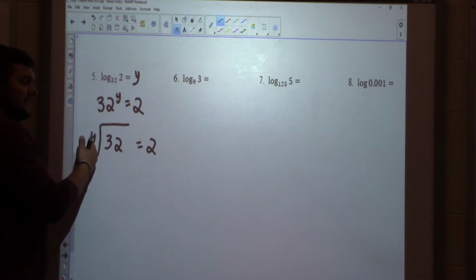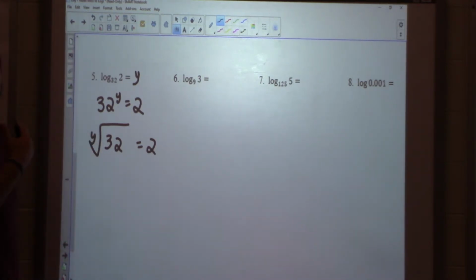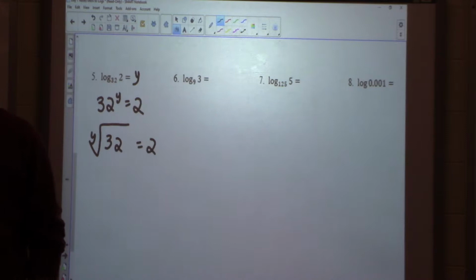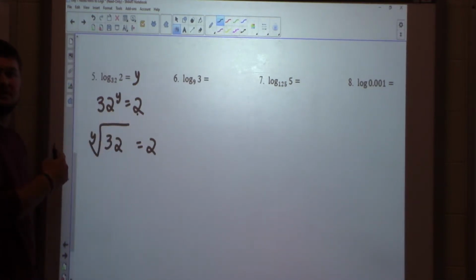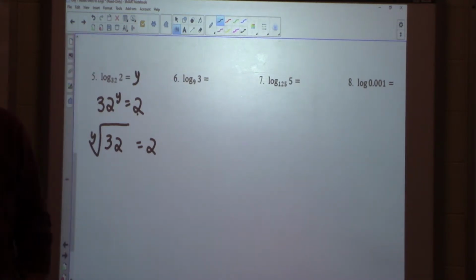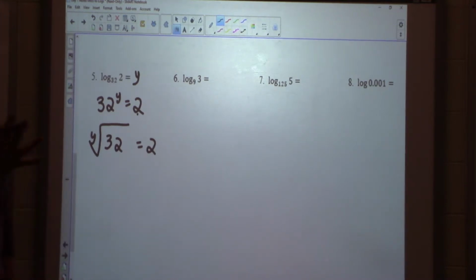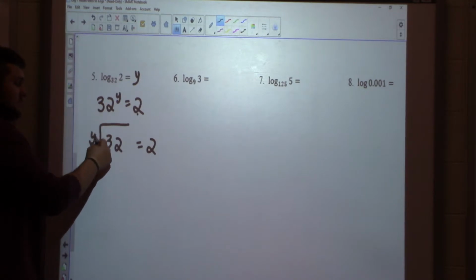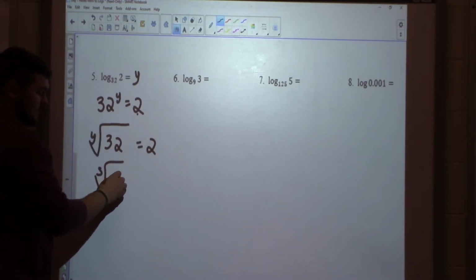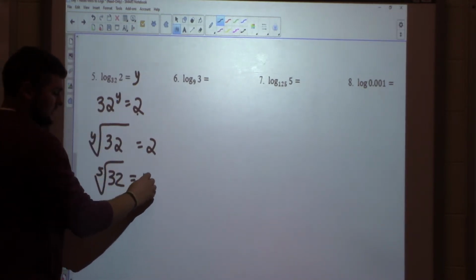An easier way to think of this, instead of what root of 32 equals 2, is to think of it as 2 to what power is going to equal 32? Figure it out. It's 5. So if 2 to the 5th power has to equal 32, the 5th root of 32 is going to equal 2.